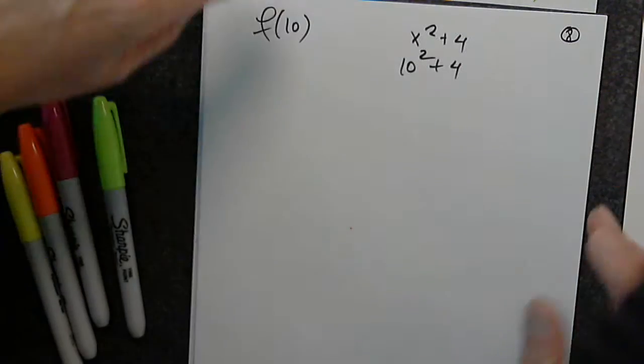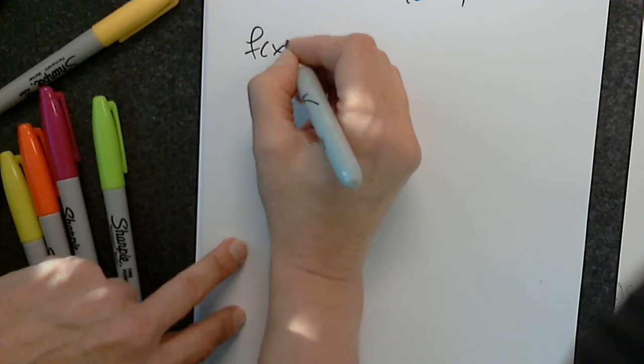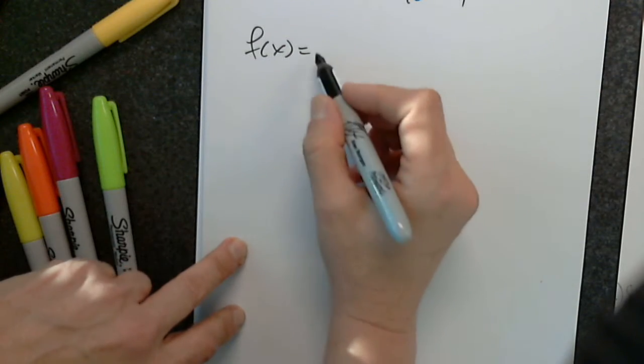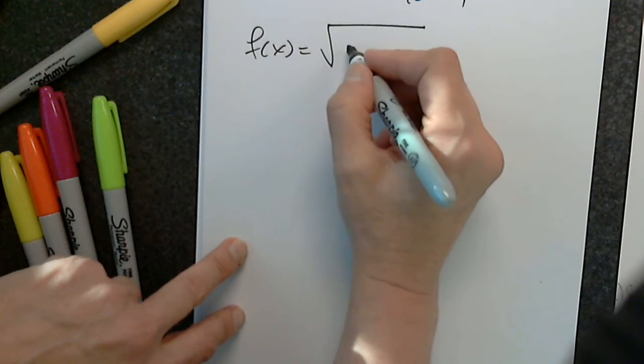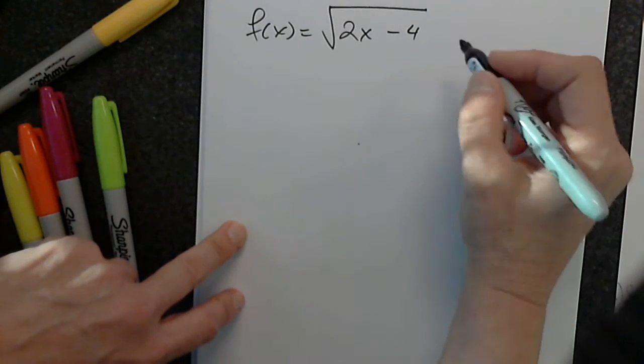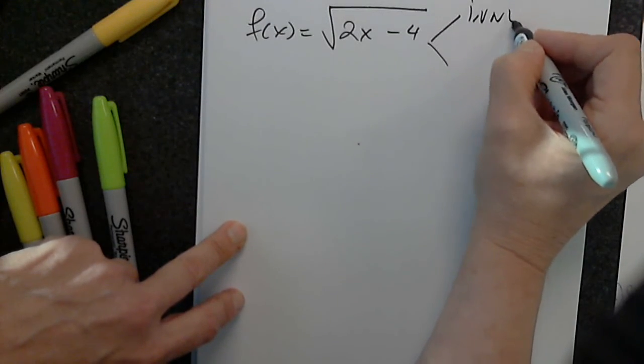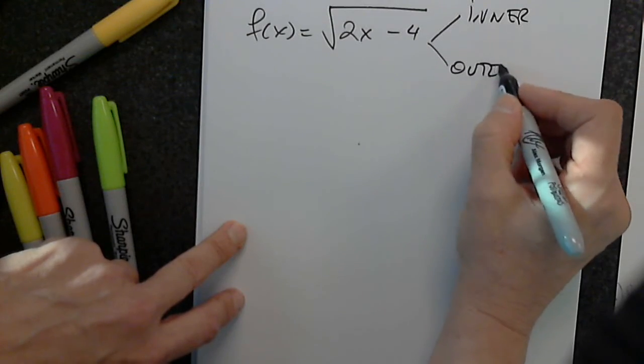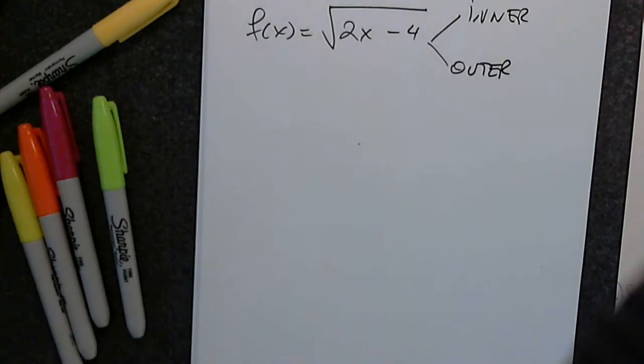Let's do another. You'll see in a moment. So let's say I have f of x, which is the square root of 2x minus 4. Again, I would like an inner and an outer. All you have to do is think in terms of evaluating. Which portion of all this will you evaluate first?